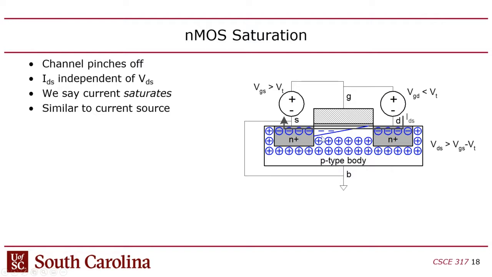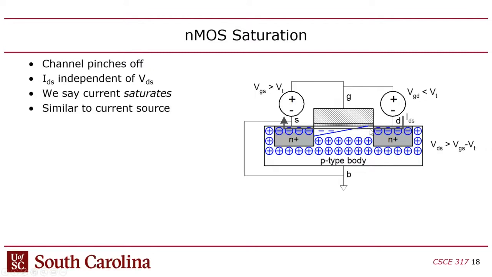Now notice how it's drawn as kind of a triangle. Why is it a triangle? It's a triangle because the gate and source is still good. Gate over source, still enough to put these charge carriers on the source side. But the gate to drain voltage is low because the drain's so high.